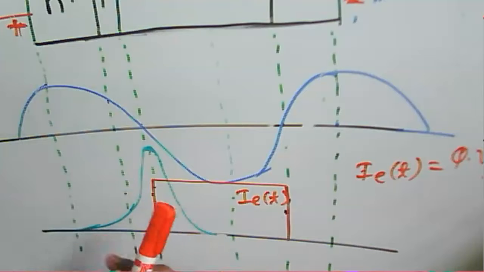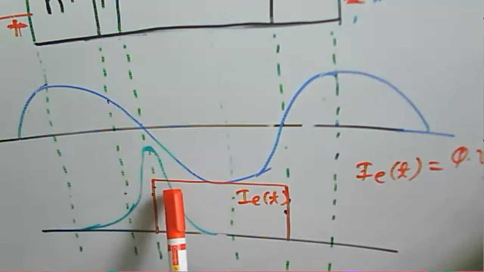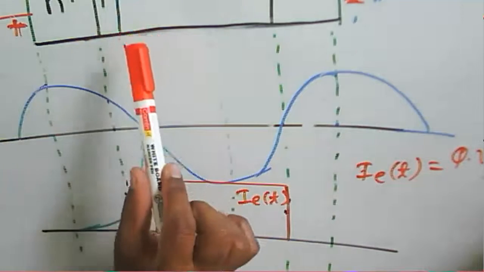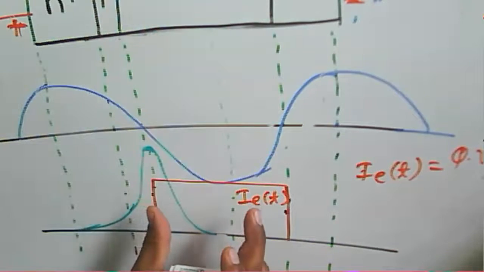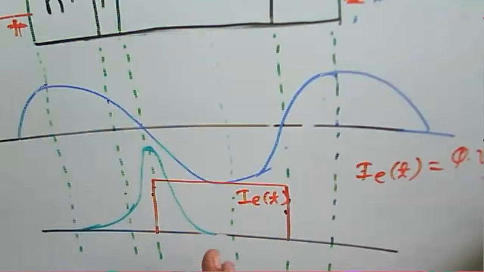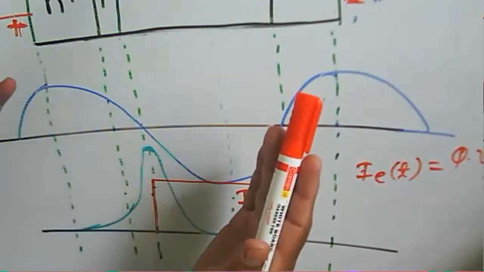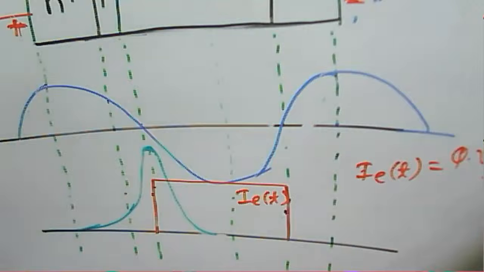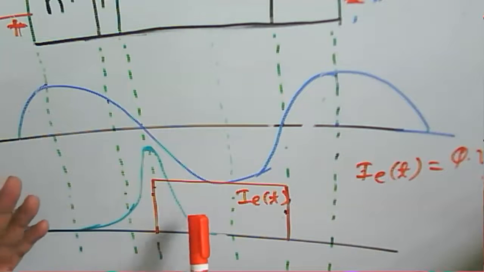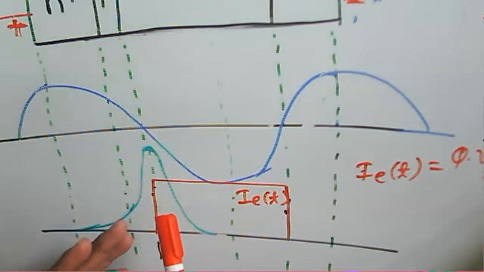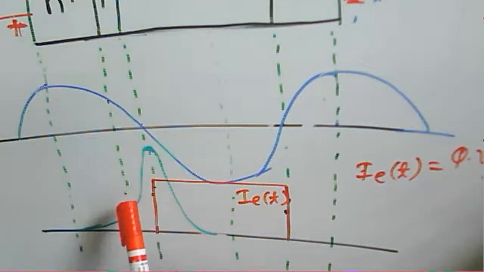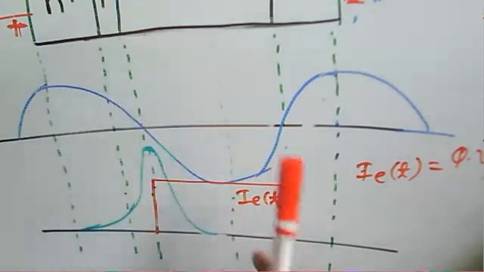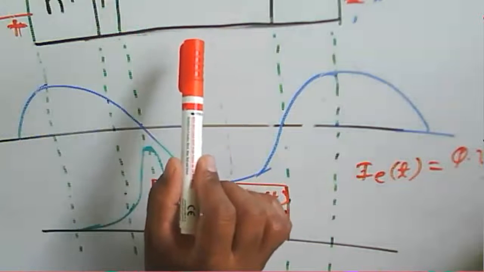And this induced current will be constant here, because the current is propagating in this particular region. If we consider a diode with an external circuit, the induced current is propagating through the external circuit, which is nothing but the current propagating through the space charge region.